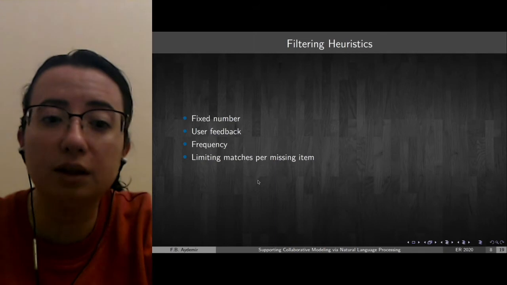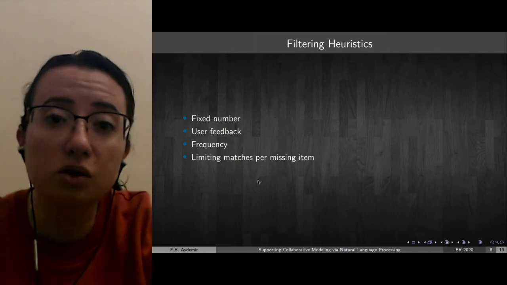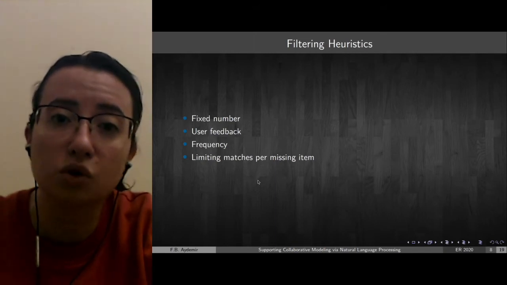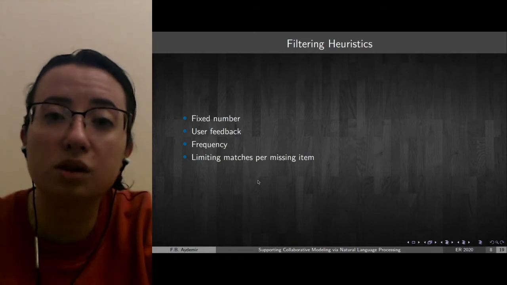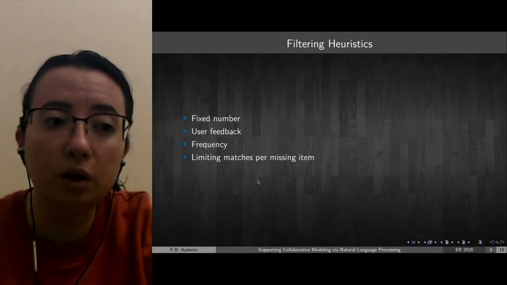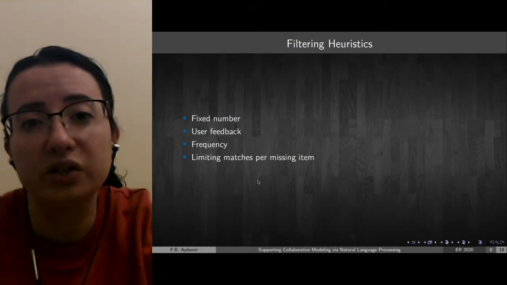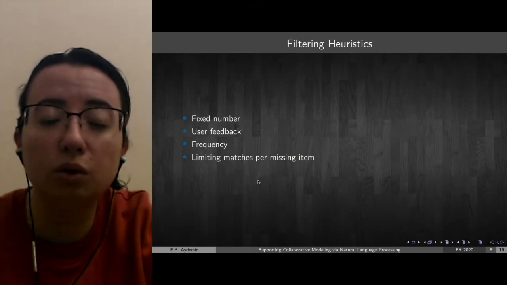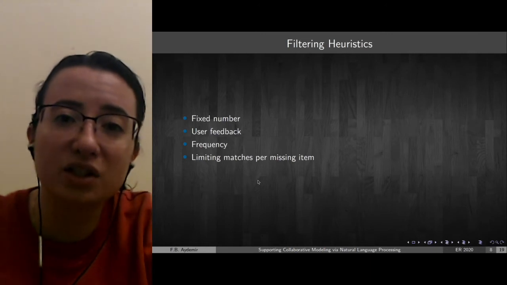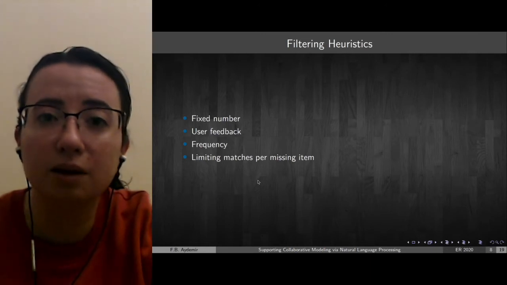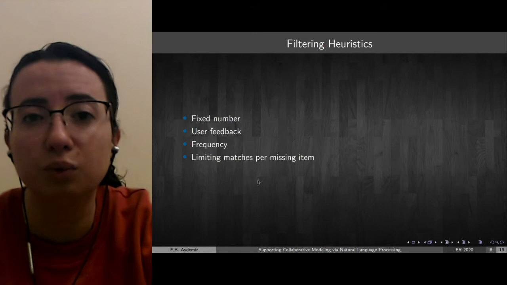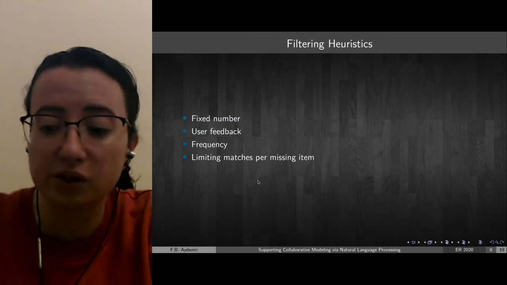You can look at the frequency of the suggested concepts and start suggesting the most frequently used concepts in the domain model, or you can select different matches to make suggestions, but then you limit the suggestions per match so that you provide a broader selection for your suggestions.